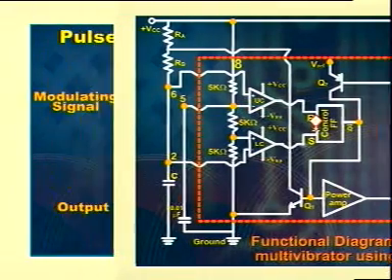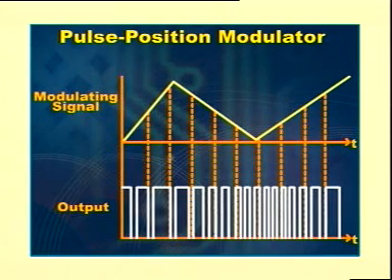Now let us consider the control voltage is at 0 volts. Then what happens? Instead of coming up to 6 volts, it has to wait until it reaches 5 volts. So as the modulating signal changes, the pulse width and its position also changes.